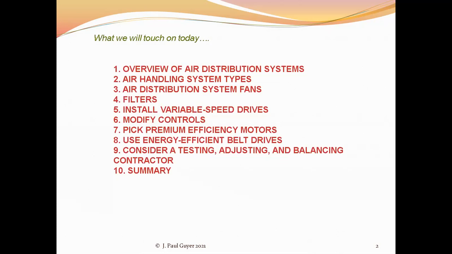But the point is that what we're talking about today we call the air distribution system, which is just the stuff that is downstream of the fan. In other words, essentially the ductwork system. So we're not talking about energy efficiency improvements in the upstream portion of the system, in the chiller, perhaps a cooling tower, etc. We're talking about the air distribution system, fan and the ductwork.